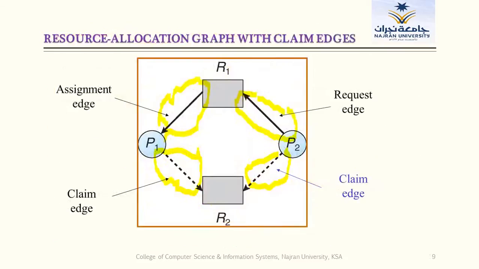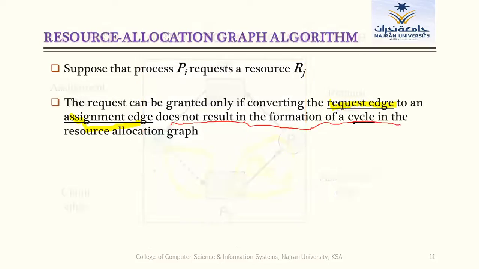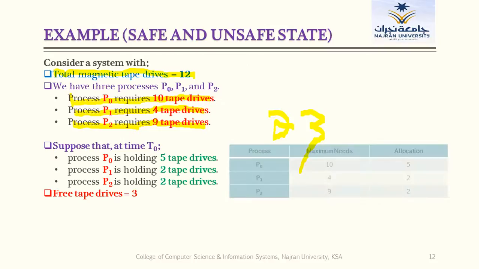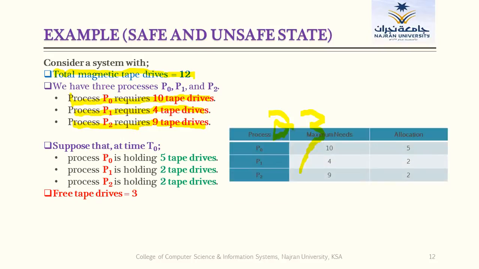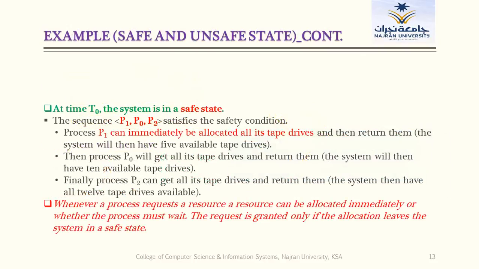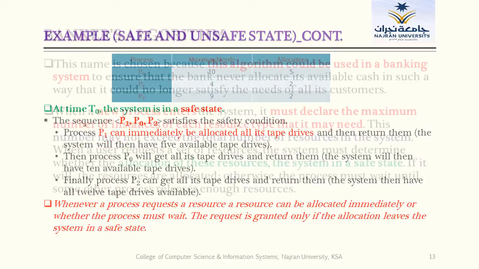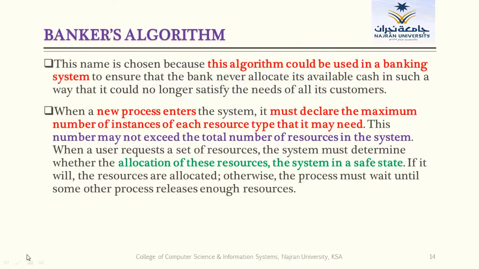But whenever we convert any request edge to an assignment edge, we need to ensure that there will be no cycle. If a cycle is formed, then we will not convert the request edge to an assignment edge. Then we saw one example which shows the safe sequence. Now today we will start our Banker's algorithm.